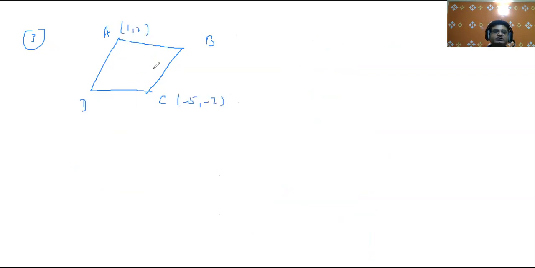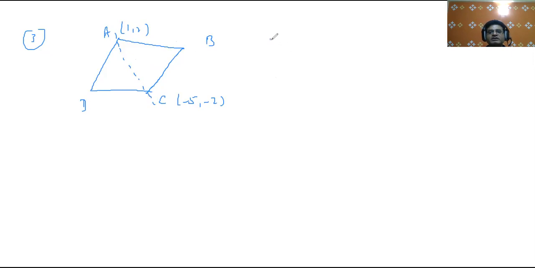Now we are moving to the third question. A, B, C, D. If A is (1, 2) and C is (-5, -2), find the equation of line AC.